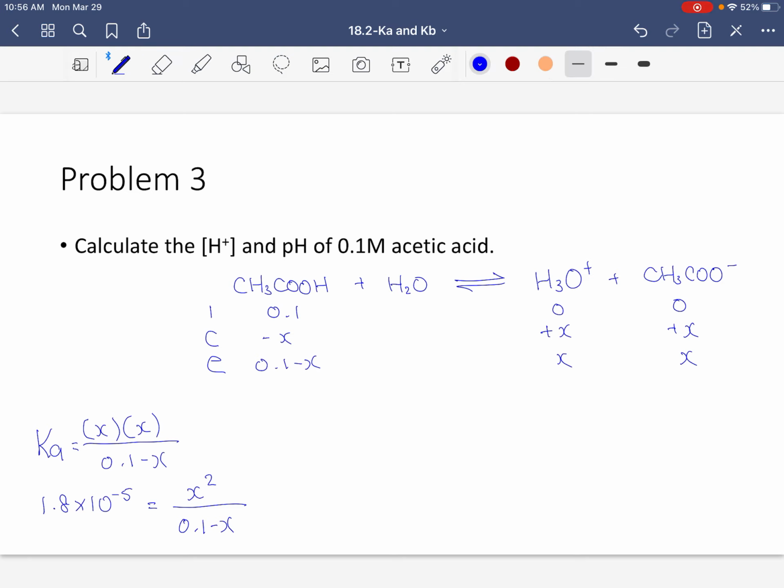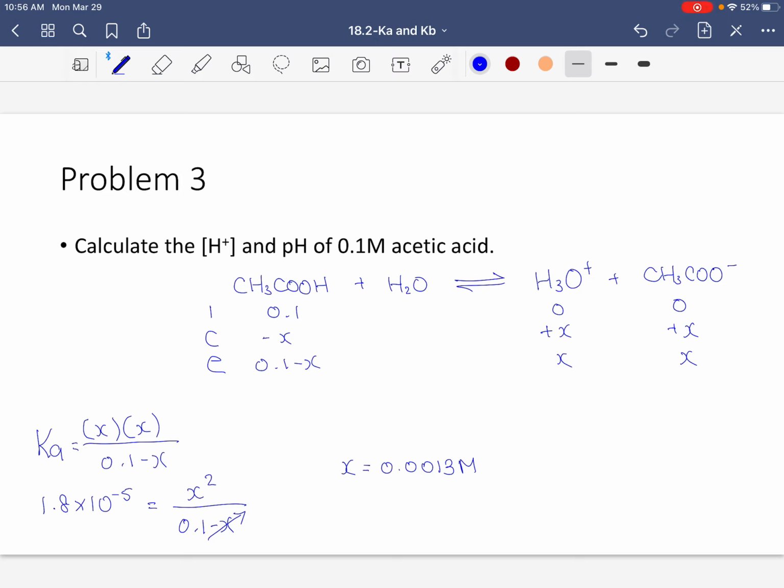And I can tell you right now, it is. Okay? So because of that, we can easily find x. Let's see what my calculator said. Times 0.1, root that, and that is 0.0013.